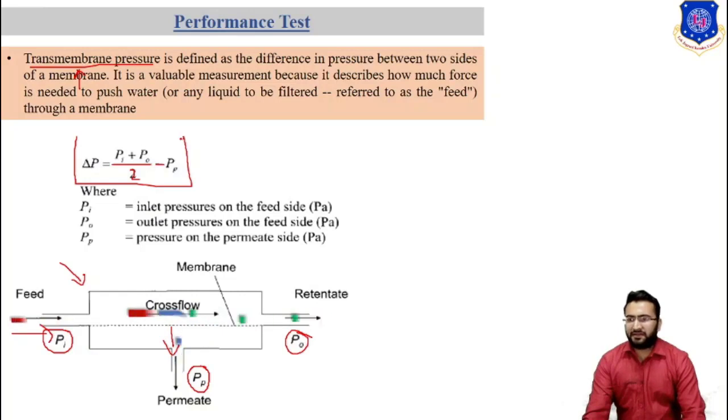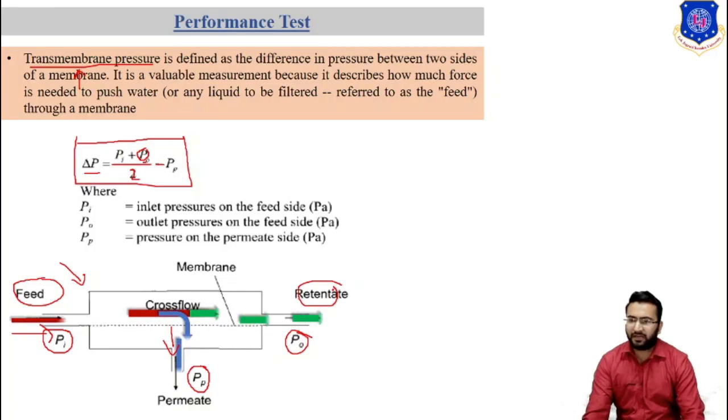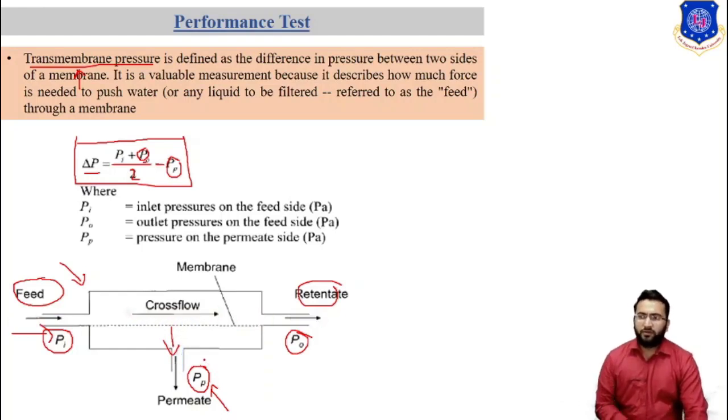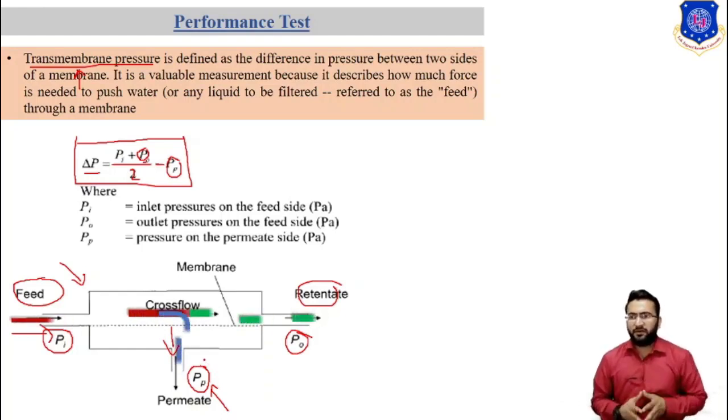So the transmembrane pressure, delta P, is equal to input pressure plus output pressure divided by 2, minus permeate pressure. Input pressure means the pressure of the feed, output pressure means the pressure of the retentate or effluent, or the rejected stream, and permeate pressure means the pressure on the permeate side. Using this equation, we can find the transmembrane pressure.